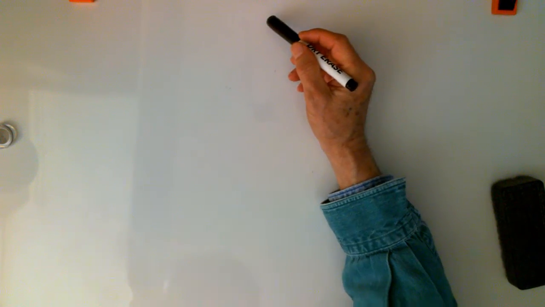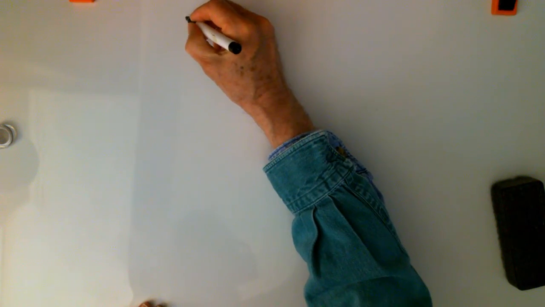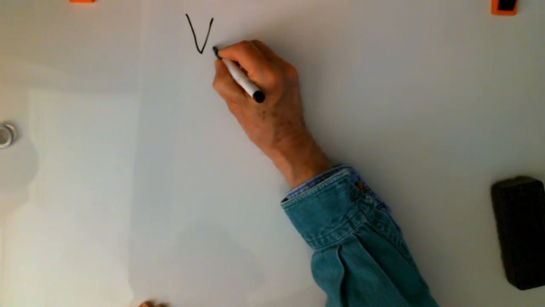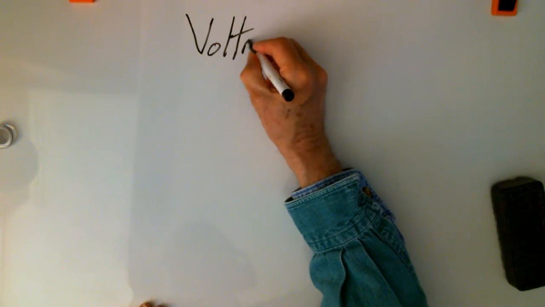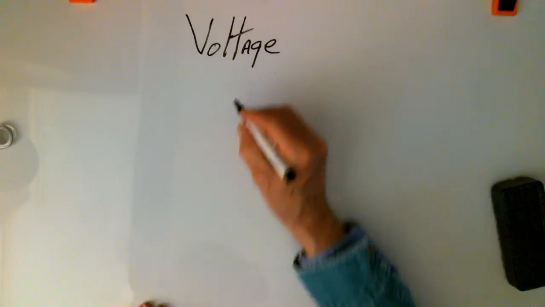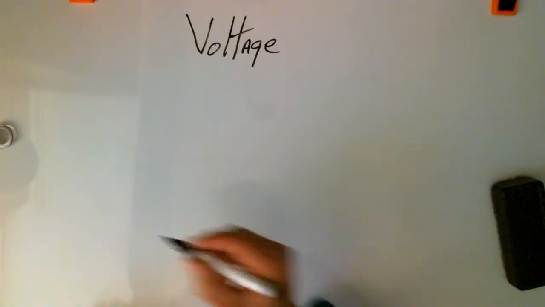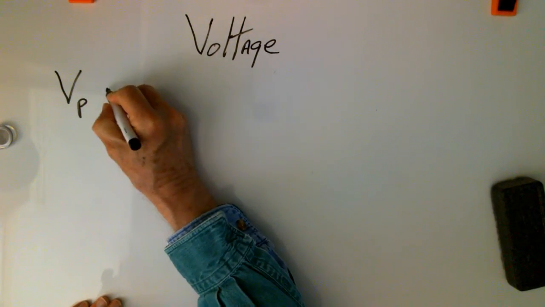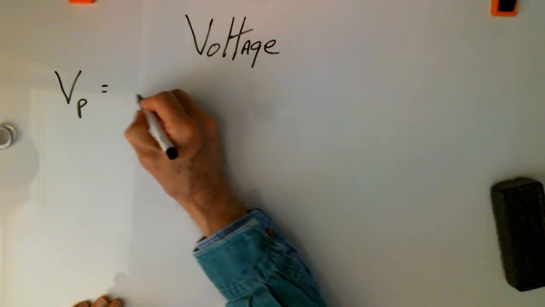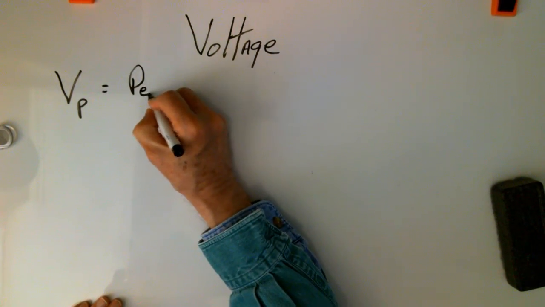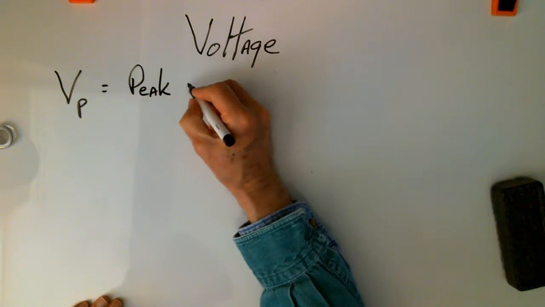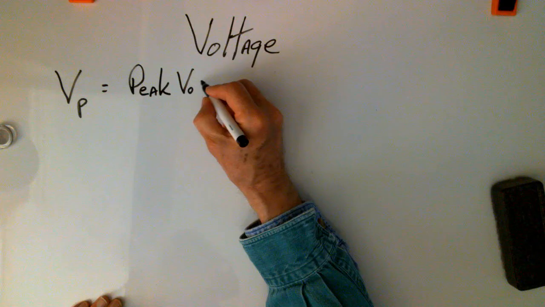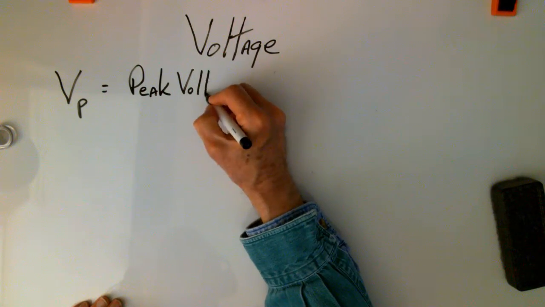So, for voltage, okay, peak voltage, V sub P. Okay, there you go. I've got it on the whiteboard.